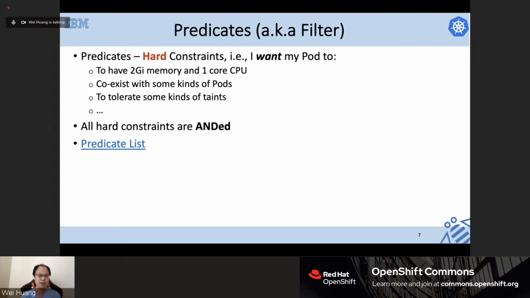It must be satisfied, and all the hard constraints are ANDed. If any one is not satisfied, then the whole predicate will fail and your pod will be put back into the pending queue inside the scheduler. And here is a link for the full predicate list. I won't click here. You can check it out later.